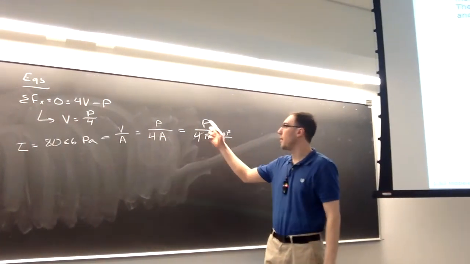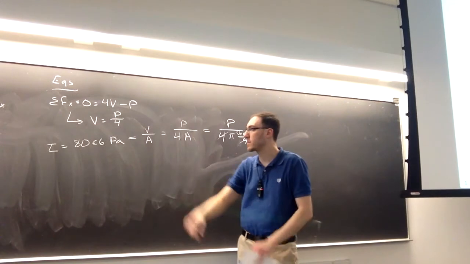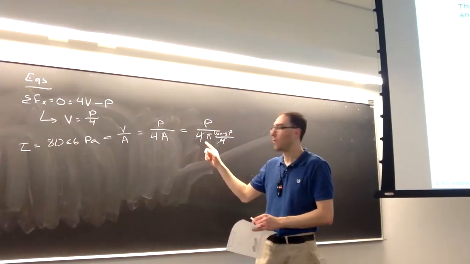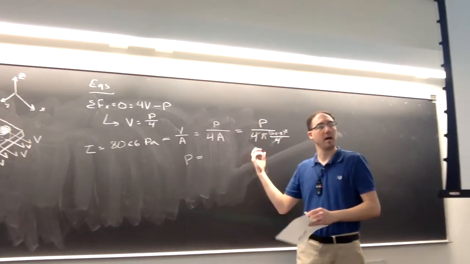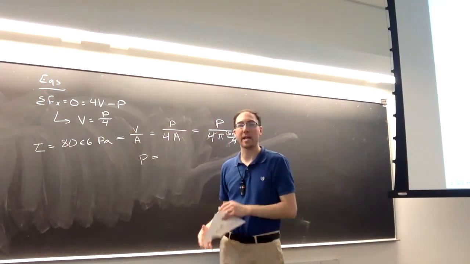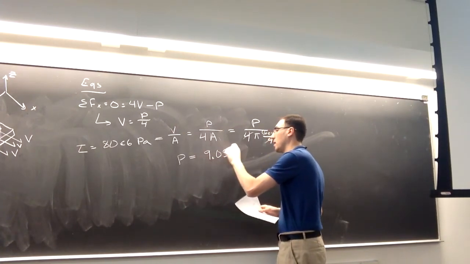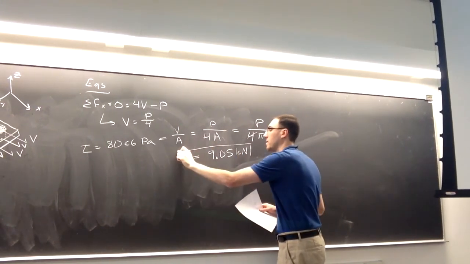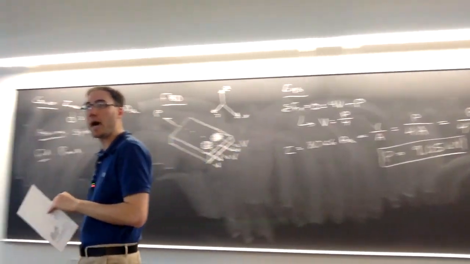From this equation, we know that P over 4 times this area is going to be equal to 80 times 10 to the 6th pascals. So the only unknown we have in this equation is what that applied load is going to be to cause the shear stress in the bolt to be 80 megapascals. And we find that the applied load is 9.05, or about 9 kilonewtons.